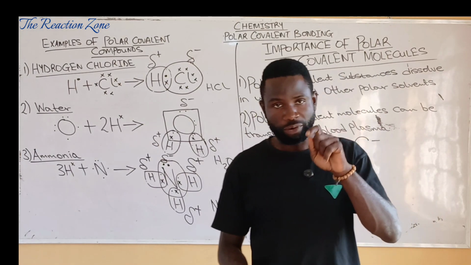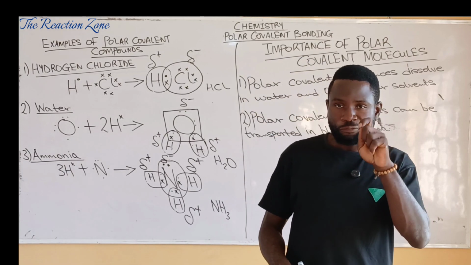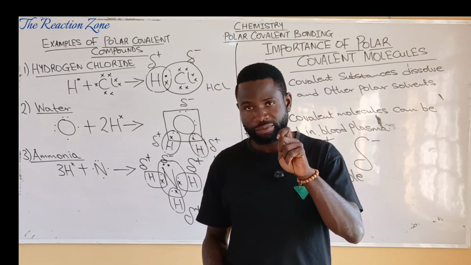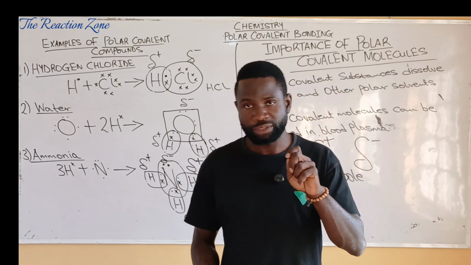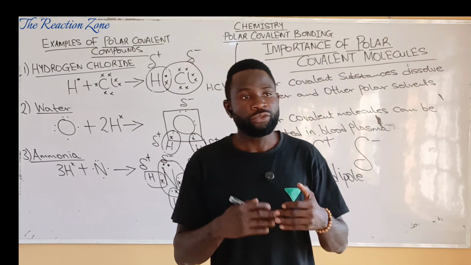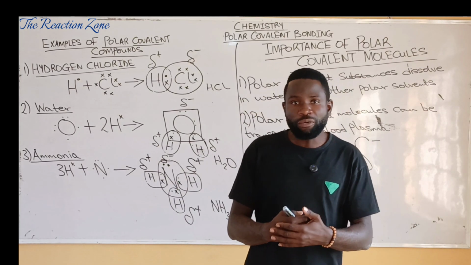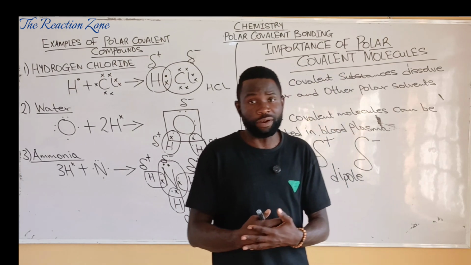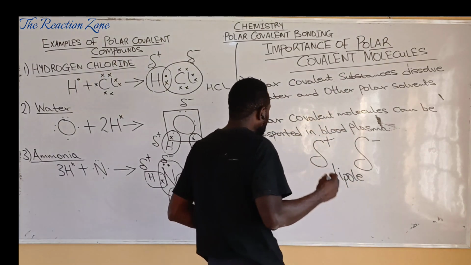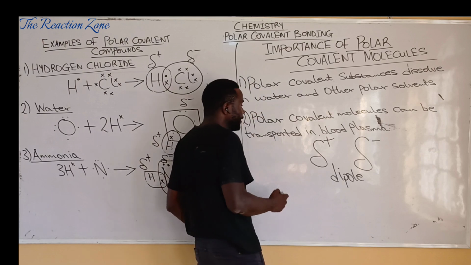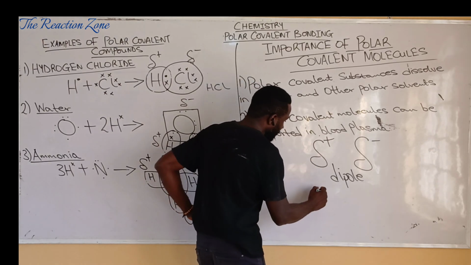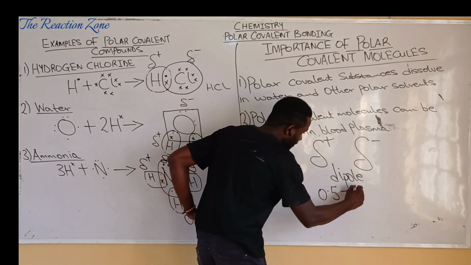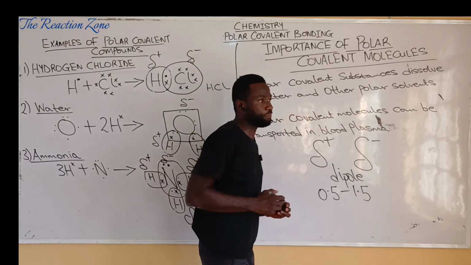In polar covalent bonding, the difference in electronegativity of the two bonding atoms is very important. Usually, atoms that will chemically combine and form polar covalent bonds are atoms whose difference in electronegativity values ranges from 0.5 to 1.5.